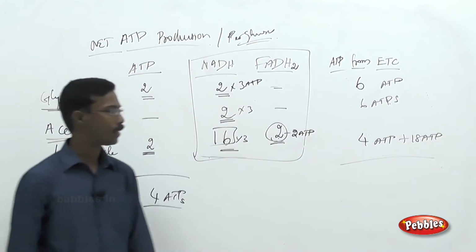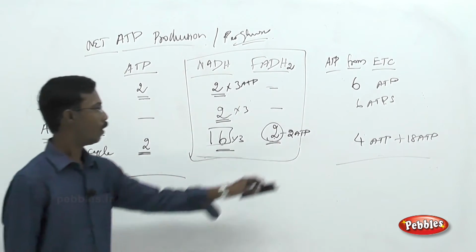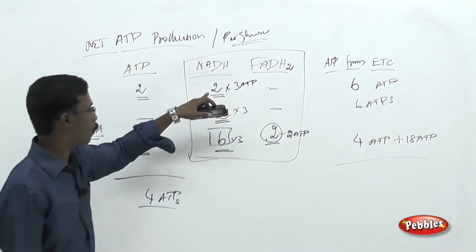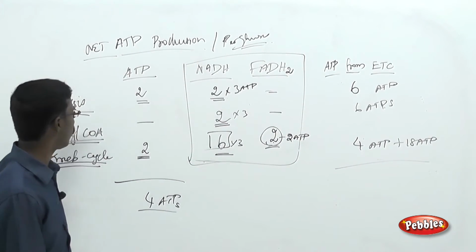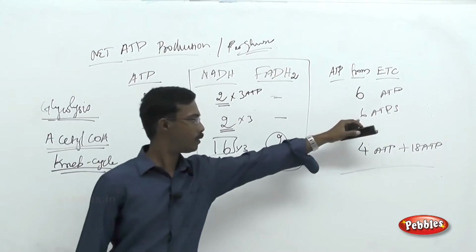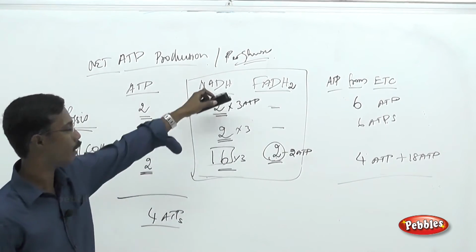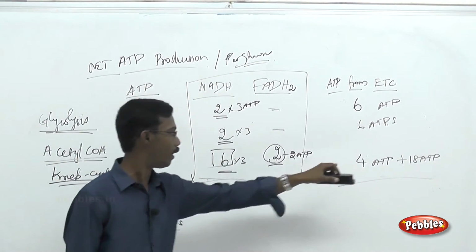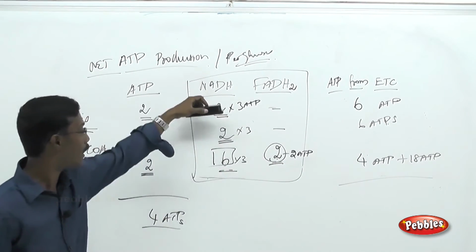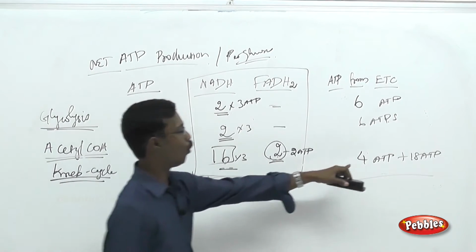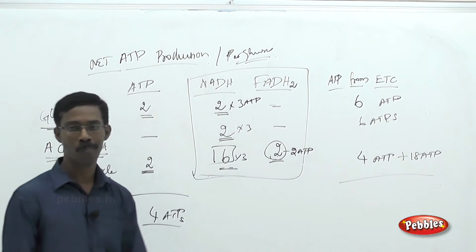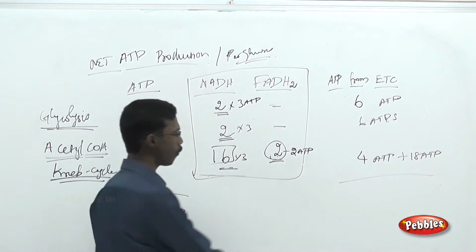This is the calculation we are going to do. So these 6 ATPs are from the 2 NADH produced in glycolysis. These 6 ATPs are produced from the conversion of pyruvate to acetyl-CoA, from the NADH, and these 18 ATPs are from the NADH of the Krebs cycle, and 4 ATPs from the FADH2 of the Krebs cycle. Okay, this is what you have to remember.